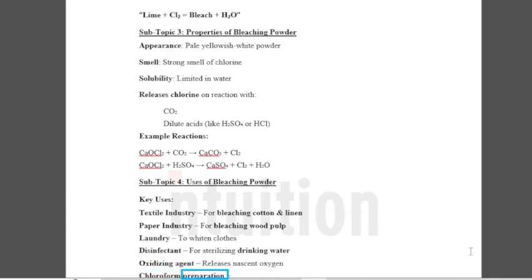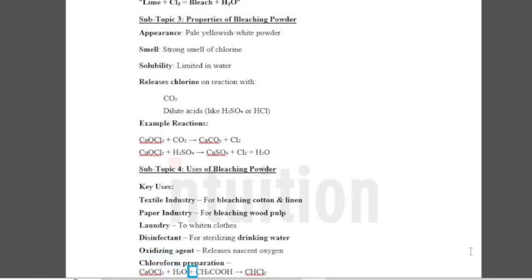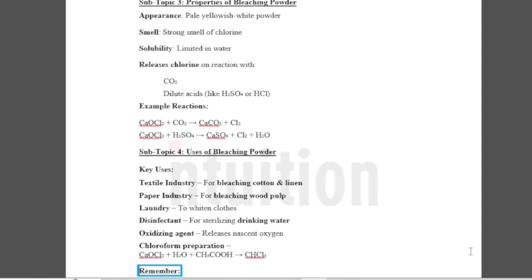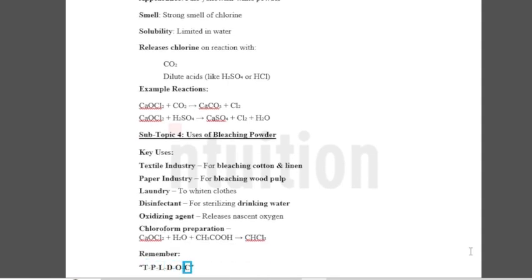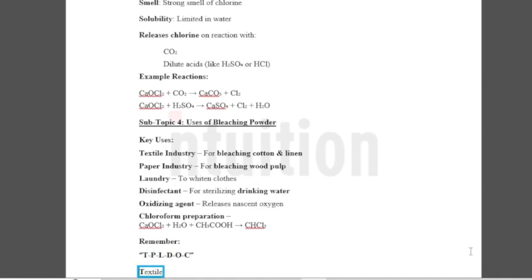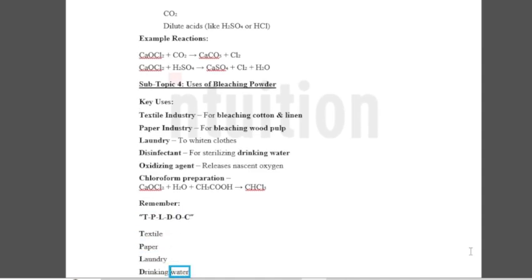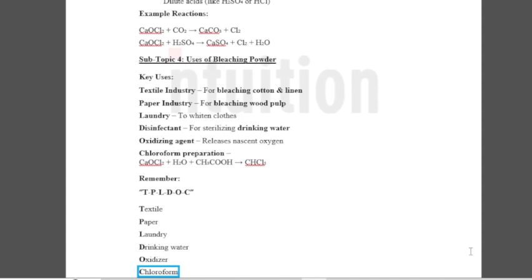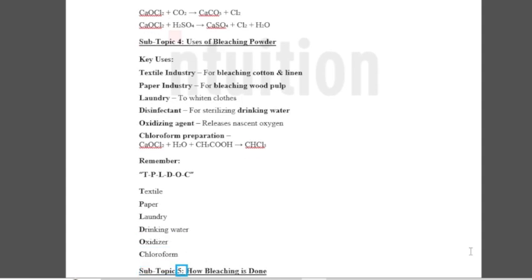Chloroform preparation: CaOCl2 plus H2O plus CH3COCH3 gives CHCl3. Remember, TPLDOC: textile, paper, laundry, drinking water, oxidizer, chloroform.